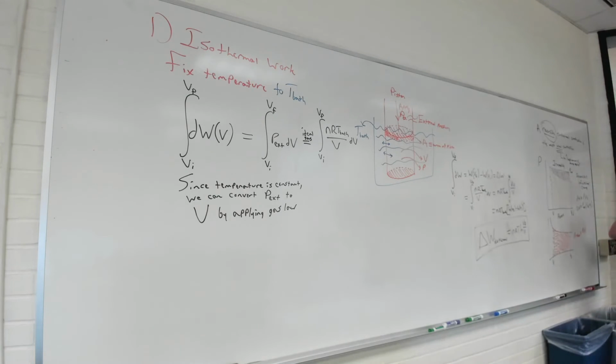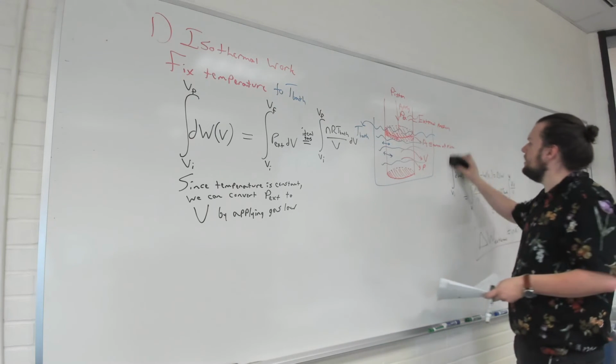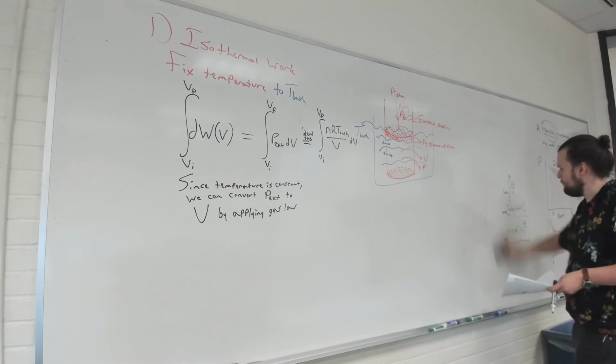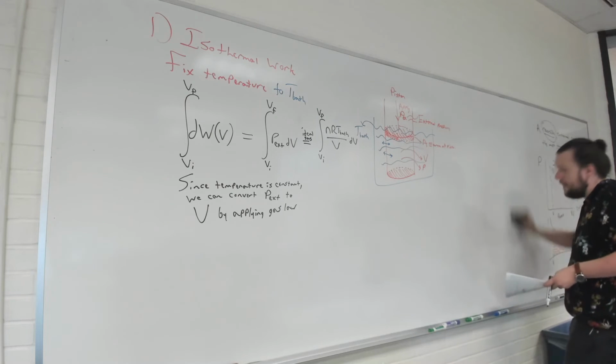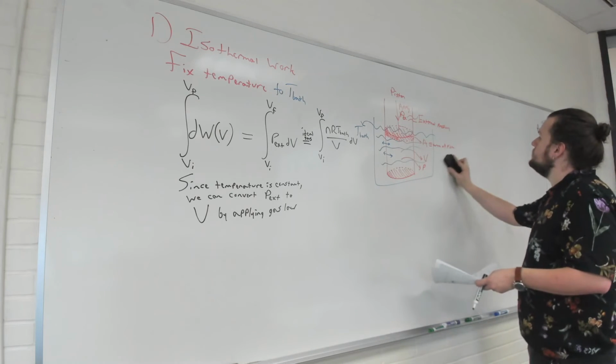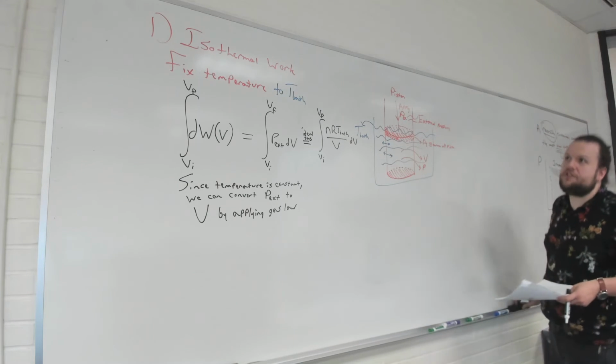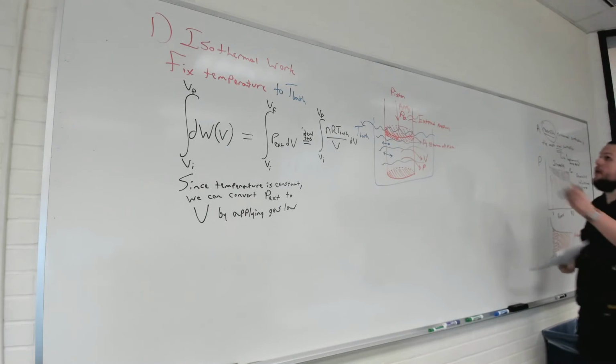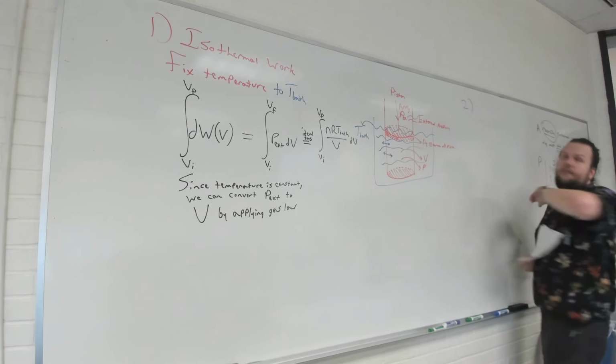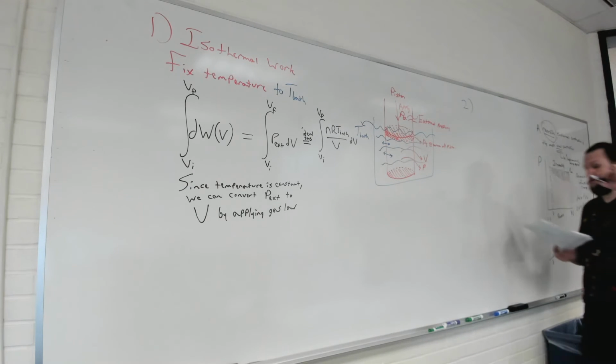Okay, so we've done temperature, and just for the last 10 minutes, I want to introduce one more, which is another very, very common one in chemistry. We're going to allow the temperature to change. But instead, we're going to fix the other variable in our graph, volume.